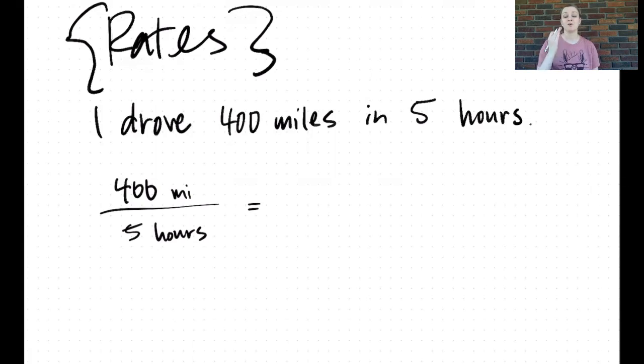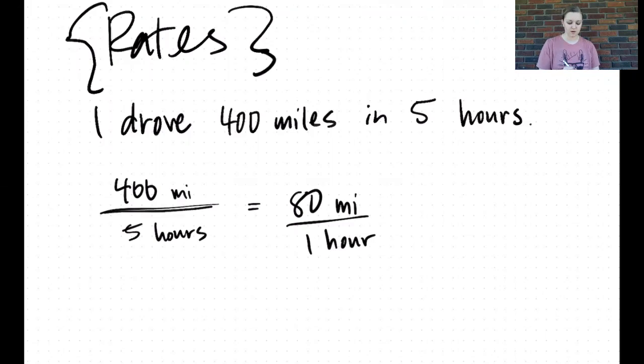We just need to know that a rate is dividing. 400 divided by 5 is 80, and this is 80 miles per 1 hour. I'm going to drive 80 miles in 1 hour. All you have to do is divide. Remember that this little fraction bar means division, so that's all I need to do. Pretty simple.